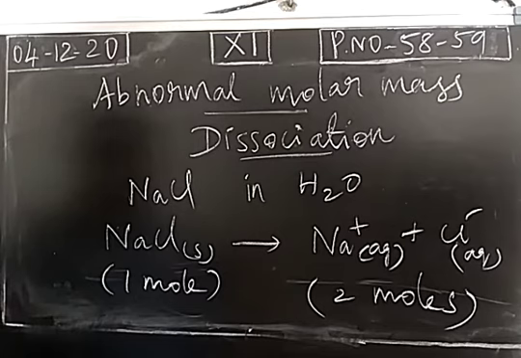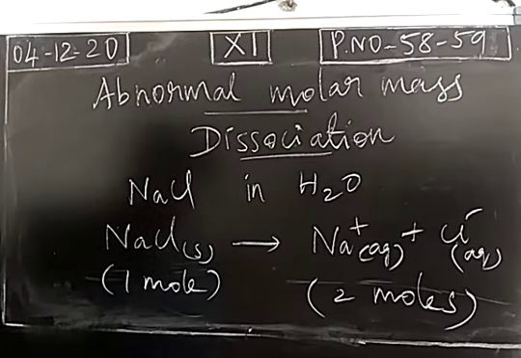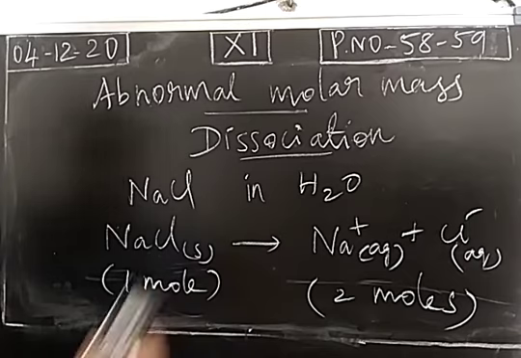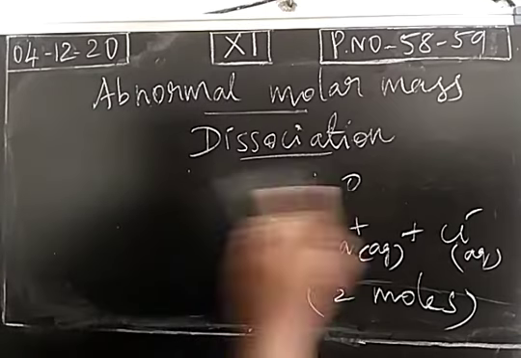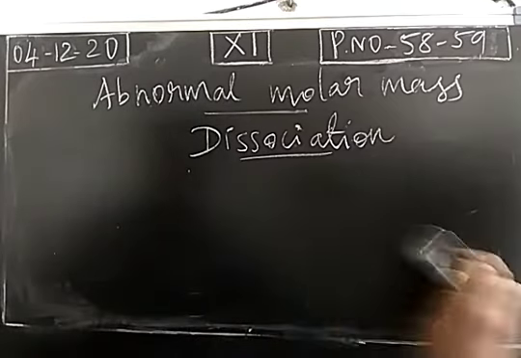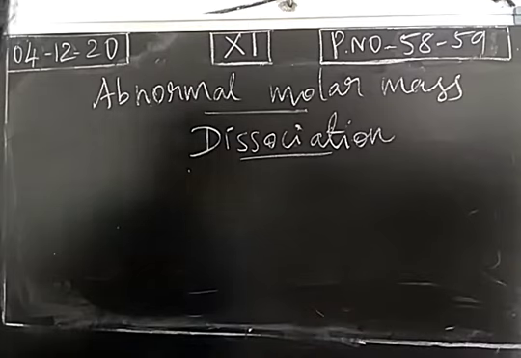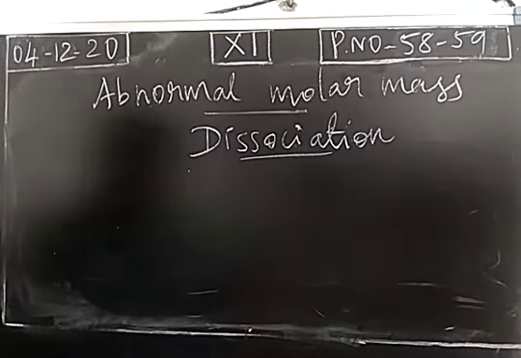It will not be the correct molar mass. So for this type of dissociation of solute particles, the calculated molar mass will be a lower value than the actual molar mass. For sodium chloride, compared with the actual molar mass, the calculated molar mass value will be lesser. So the total number of particles increased.